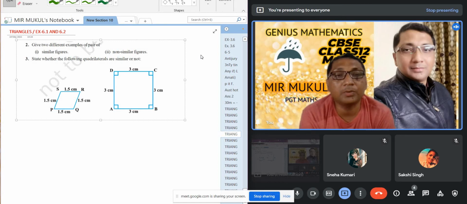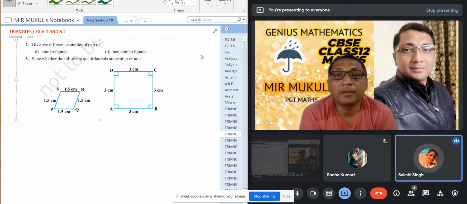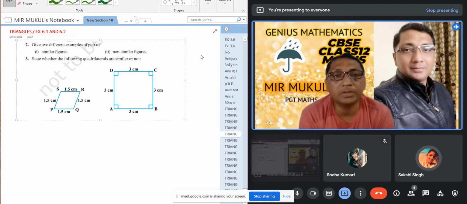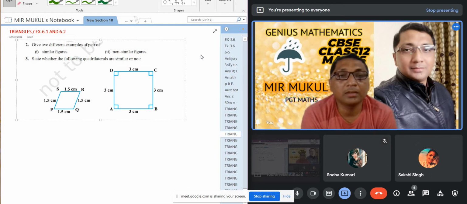Now you have learned two circles. You can say two circles are similar figures. Also, two rectangles having different sides but the same shape. And we know that corresponding angles will be equal. Sneha, is it or not? Yes, sir.